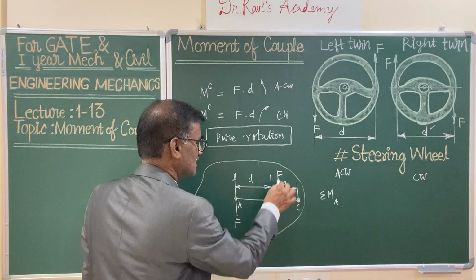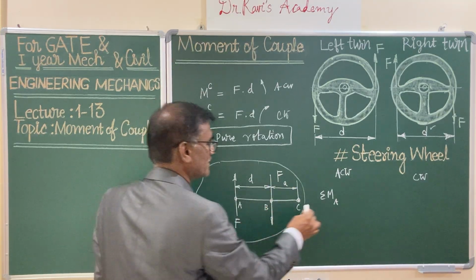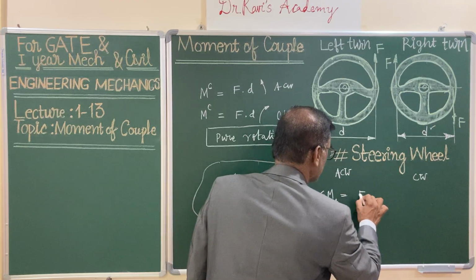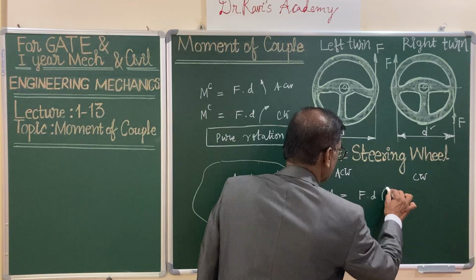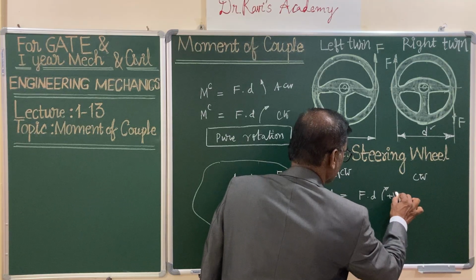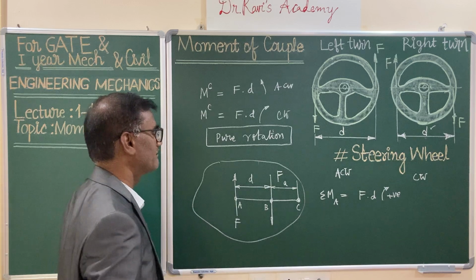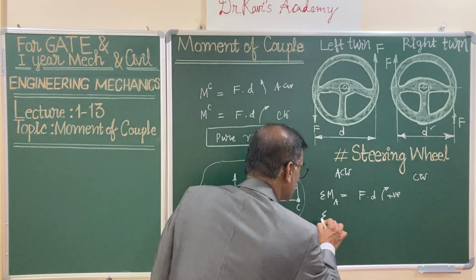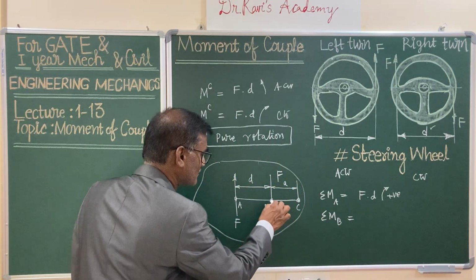So force F is contributing clockwise turning effect, force multiplied by moment arm, and it is F into d. This is clockwise. You can denote clockwise as positive, we are treating, right? So that is about A. And let us consider the moment sum about point B. Point B is lying on this force.